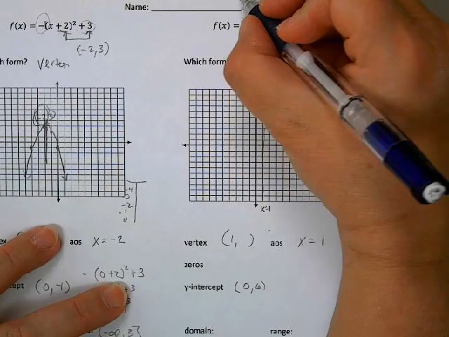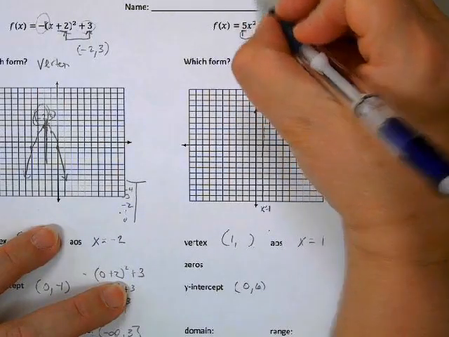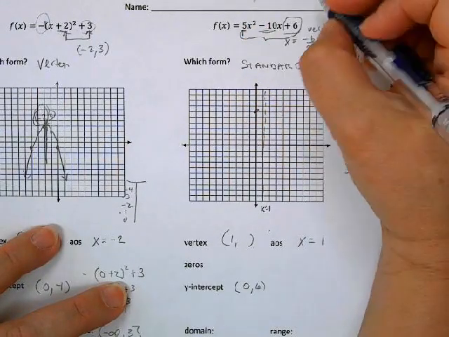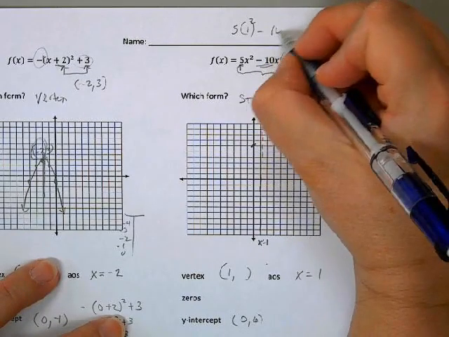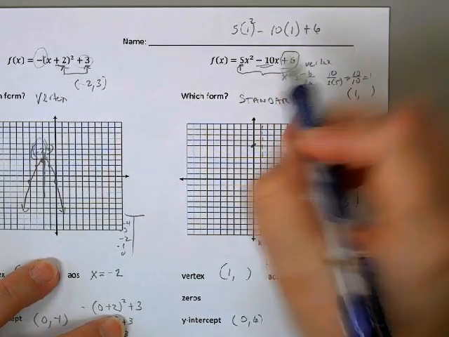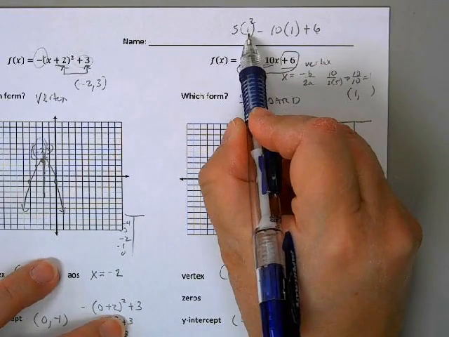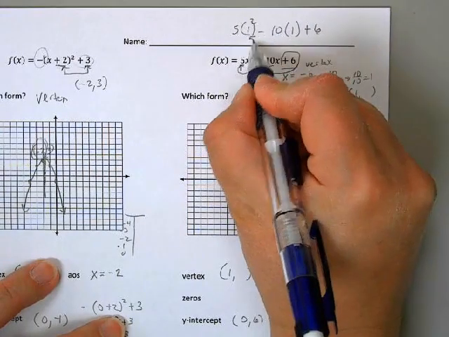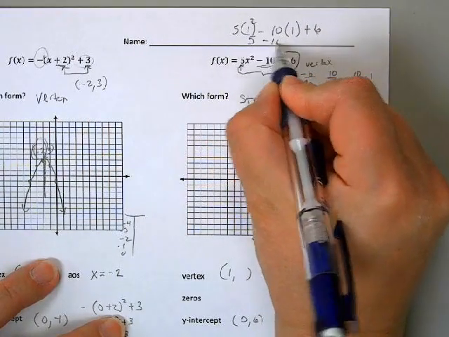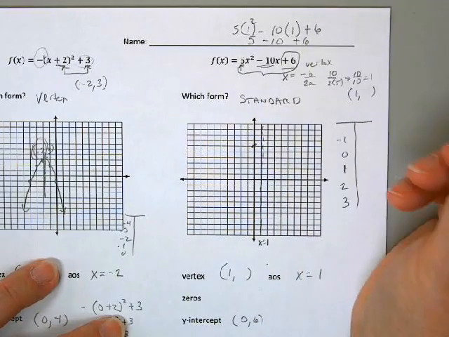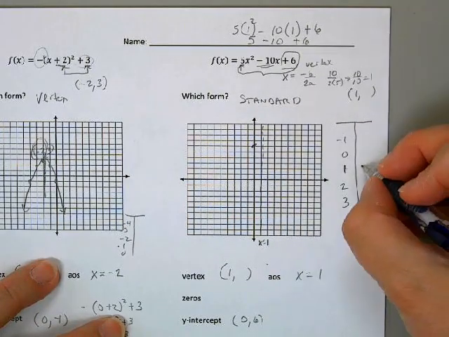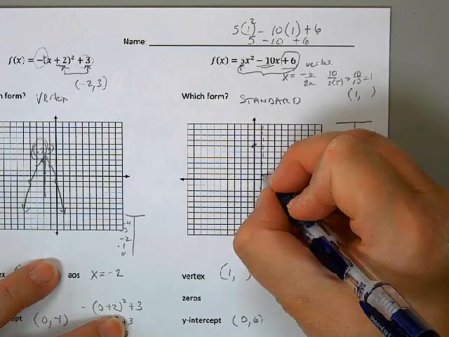I can also just put 1 in for x. This is 1 squared is 1 times 5 is 5 minus 10 plus 6. So negative 5 plus 6 is 1, so my vertex is going to be at 1, 1.